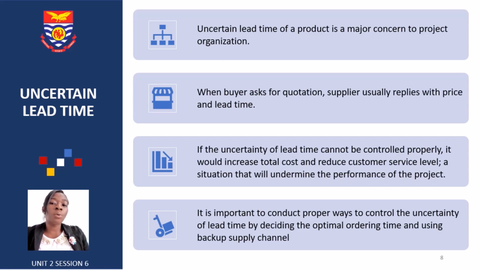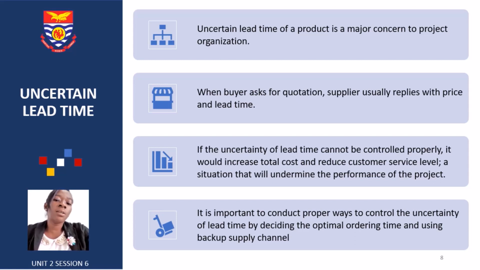Some will tell you that, oh, I can supply you 10,000 crates of mangoes, but it's going to take you about 3 months to receive it, because where I am, I'll have to maybe take it by road or something. And so when you request for it, it's going to take this amount of time, weeks or days, for us to be able to get it to you. And so there's sometimes uncertainty of lead time.